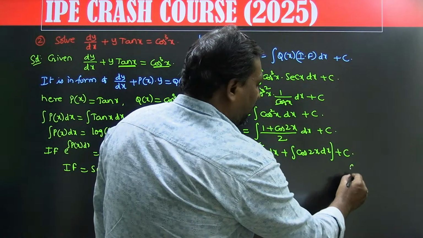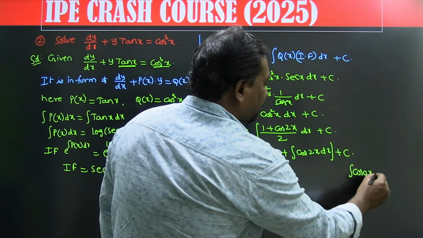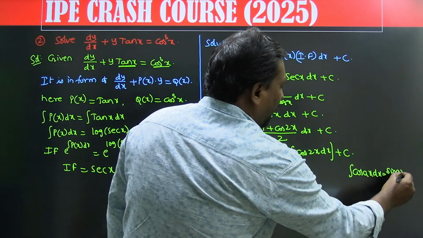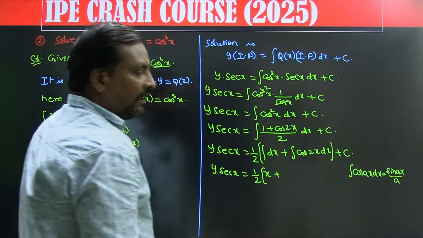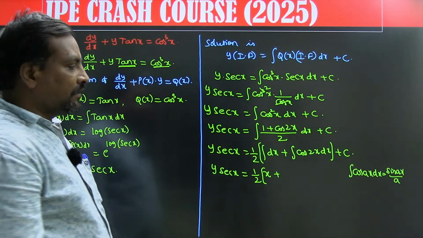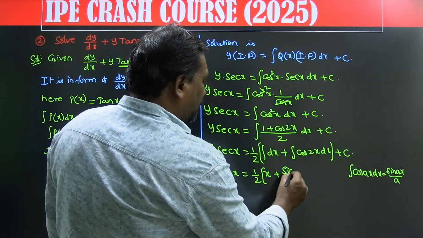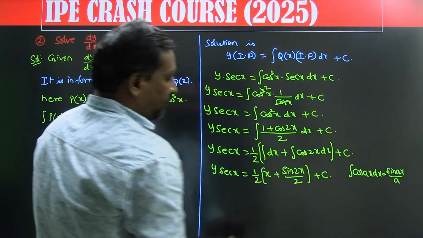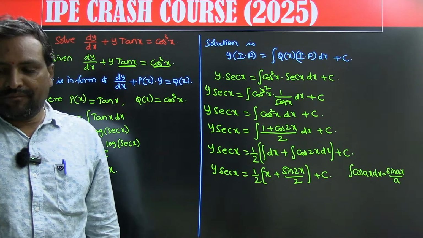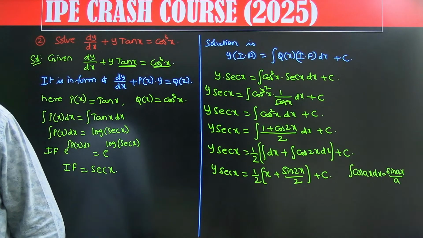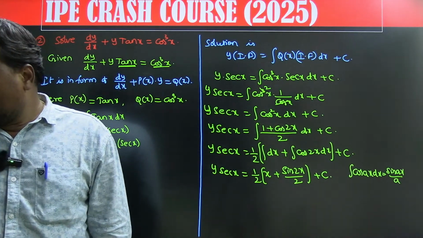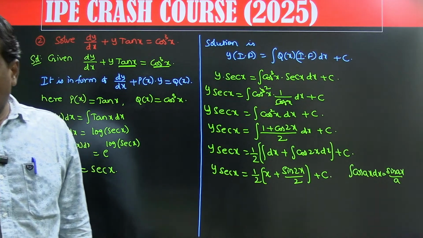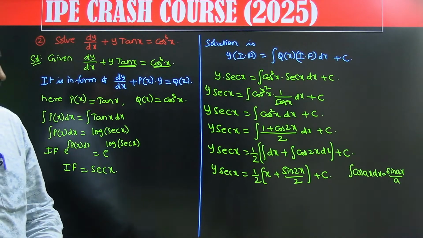The integration of cos ax formula is sin ax by a. So for cos 2x it is sin 2x by 2, plus constant c. So this is the solution of this differential equation. Now we'll go for another question.